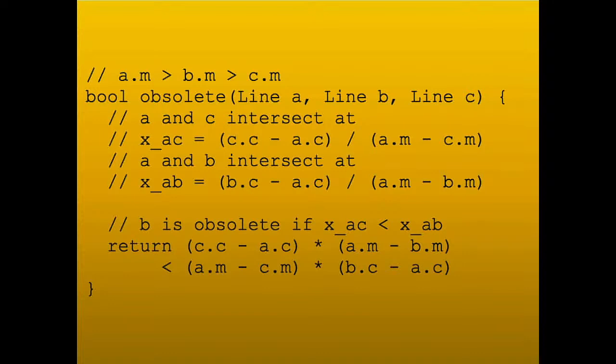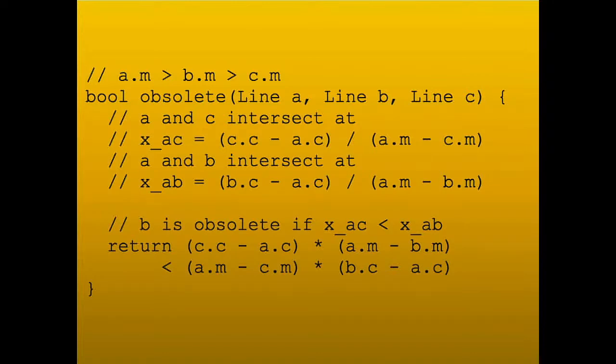We want to find the intersection of these two lines in x, so because we want a common point, y1 and y2 will be the same, and we get something like this.